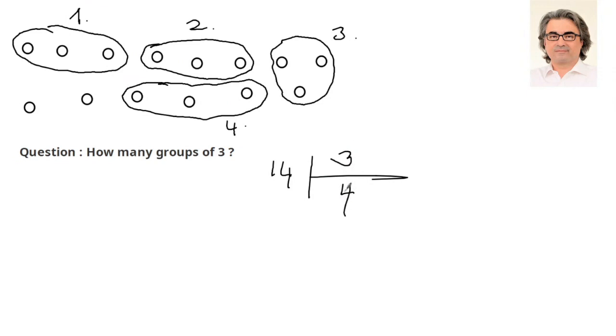I have 4 groups, so in these 4 groups I have totally 4 times 3 circles, 12. The difference between 14 and 12 is 2. It means after making this grouping operation, the remainder is 2. As you see, 2 circles stay here as remainder.